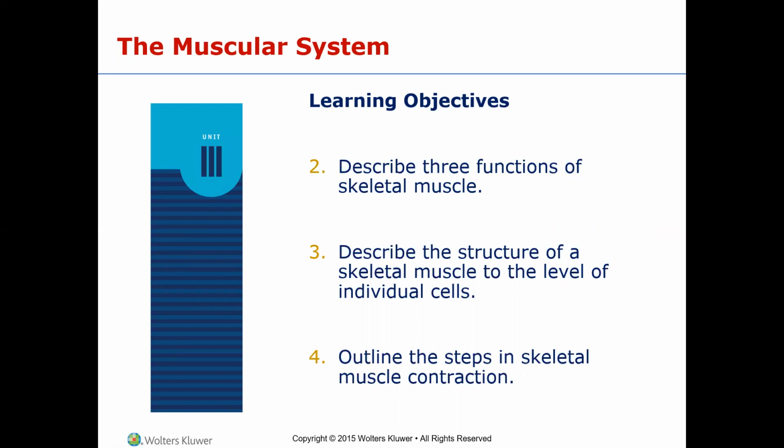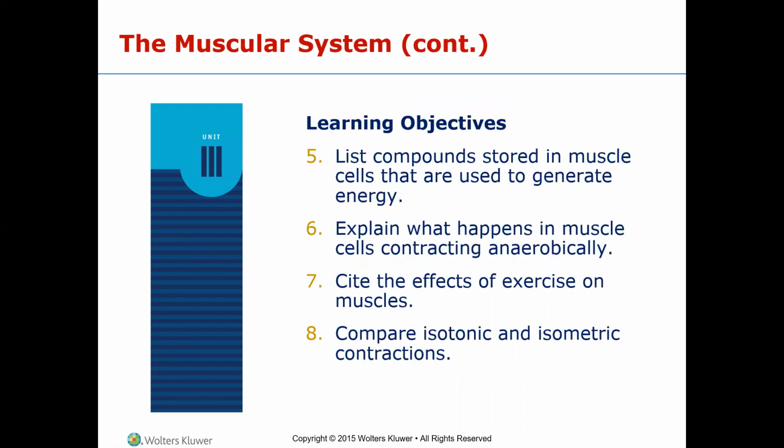I will have some animations up in regard to this under Chapter 8 that you can look at. You will be responsible as well for outlining the steps in a muscle contraction, and I will go over that, and then you will also have an animation which will hopefully assist in your understanding.